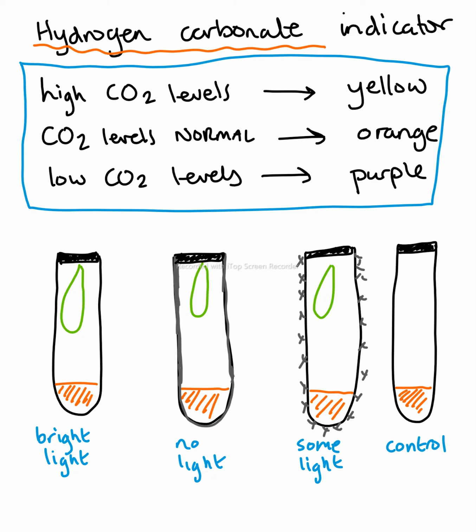Then what you do is you leave these leaves in there for a while for any photosynthesis and respiration to take place. Right, after a few hours, because the most photosynthesis took place here, this indicator will turn purple.